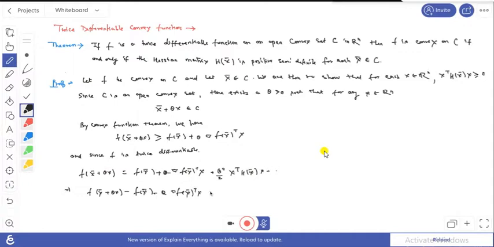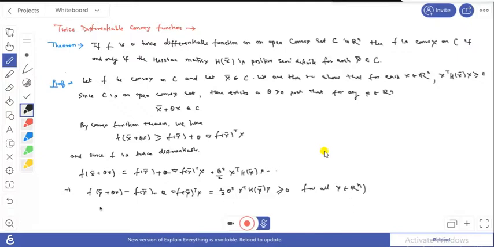So that equals, if this term goes to the left hand side, 1 by 2 theta square x transpose H(x bar) x. Okay, and here theta square is a square term and this is also a square term. So this is always greater or equal to 0, for all x which belongs to Rn.